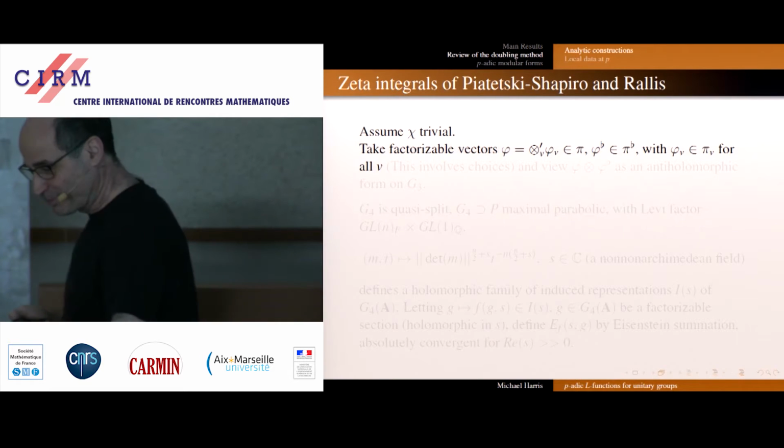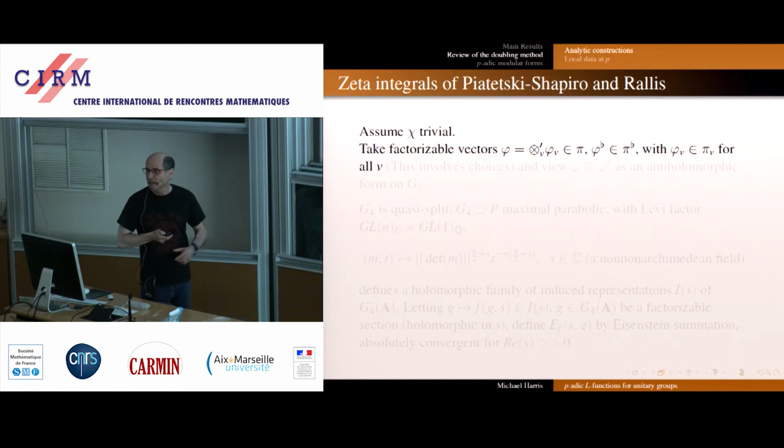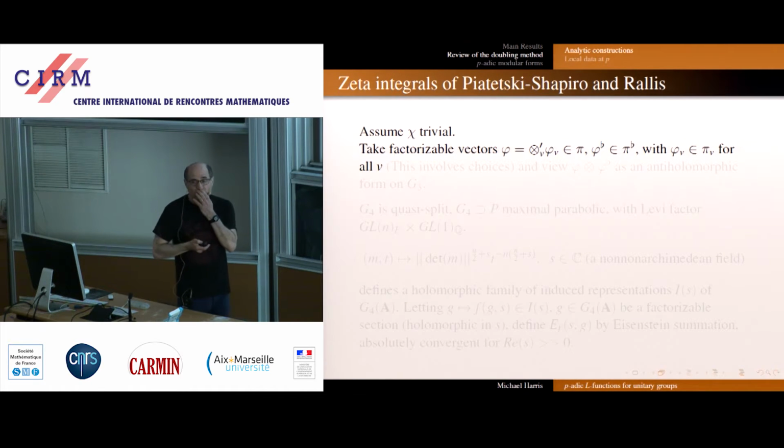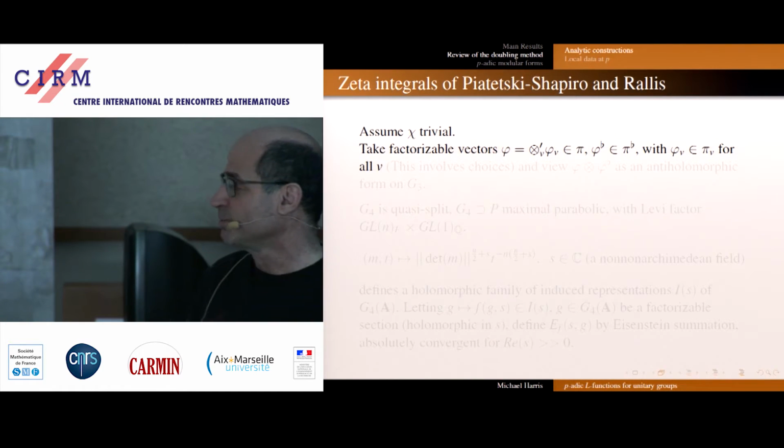So here's the Piatetsky-Shapiro–Rallis theory. Piatetsky-Shapiro and Rallis have an incomplete theory, but it was completed gradually over the years, and there's a complete statement in a paper of Lapid and Rallis that came out about 10 years ago. All right, so now we're talking about automorphic forms.